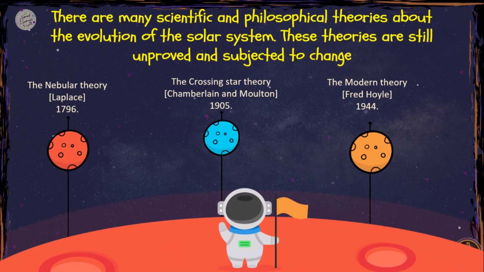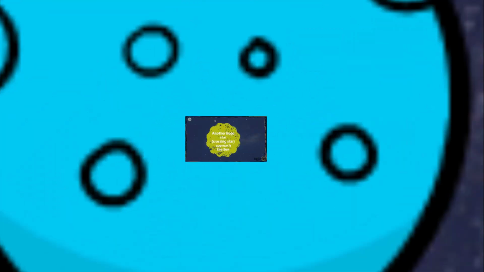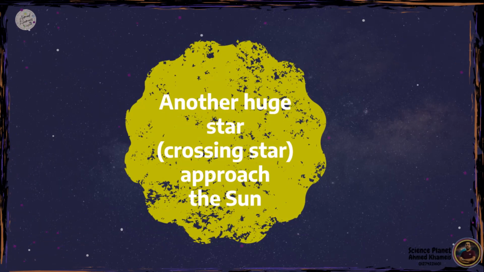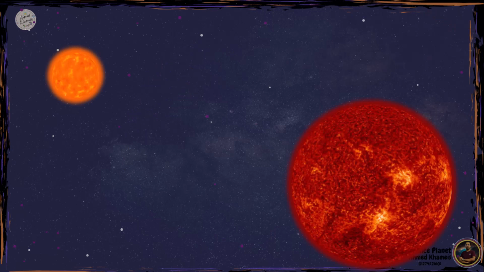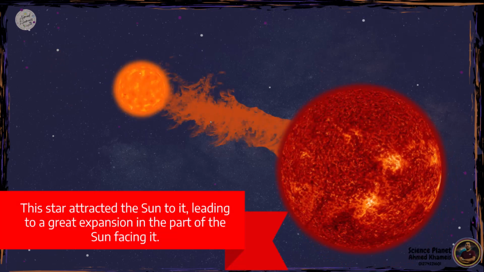Then the crossing star theory by Chamberlain and Moulton in 1905. There was another huge star approaching the sun. The star attracted the sun, leading to a great expansion of the part of the sun facing it. Because of the gravity of the huge star approaching, it pulled some of the gases from the sun.